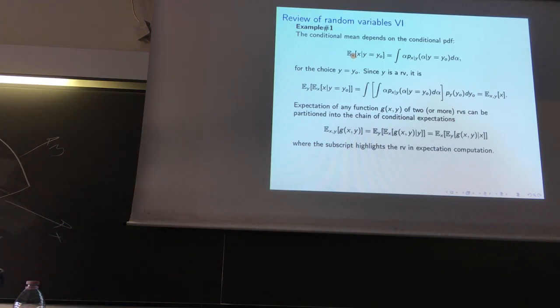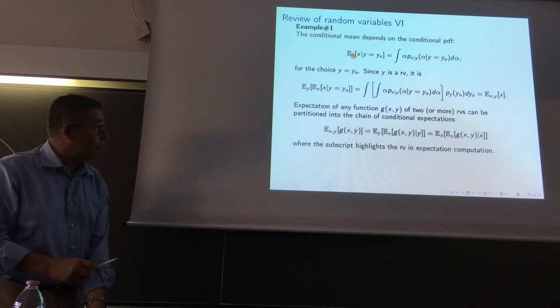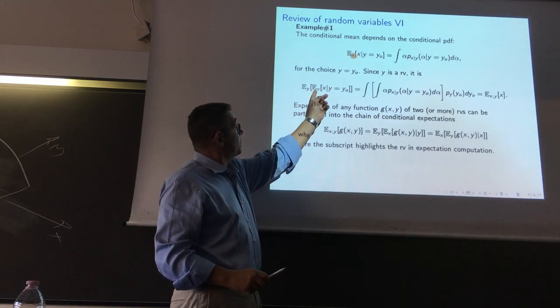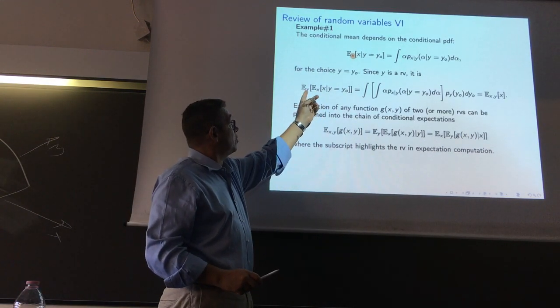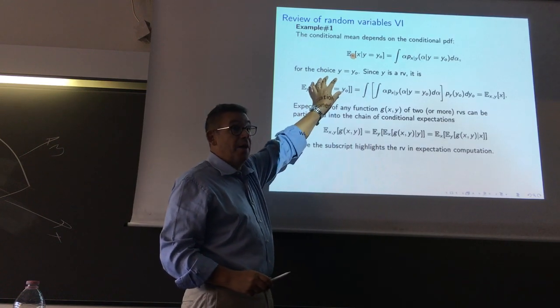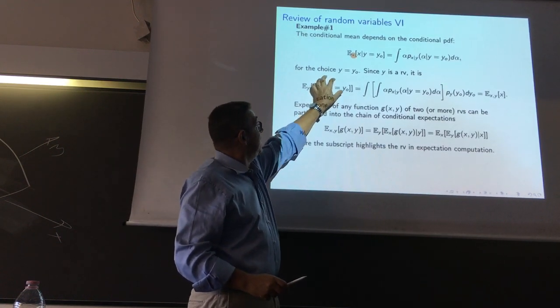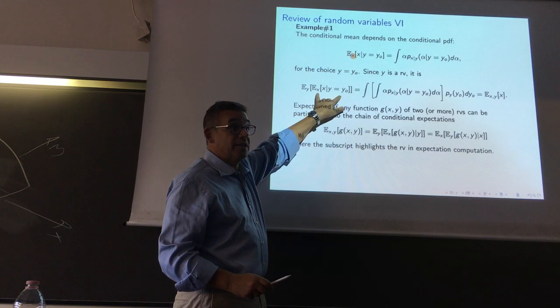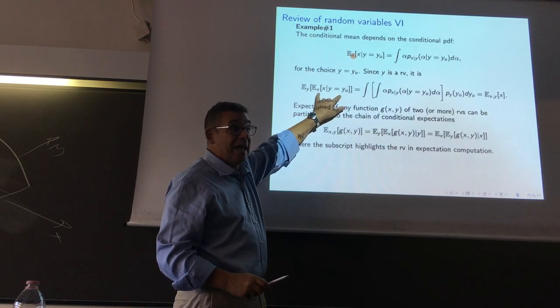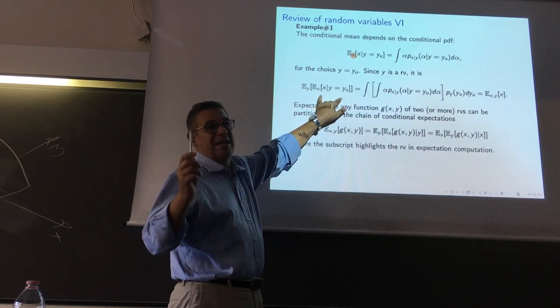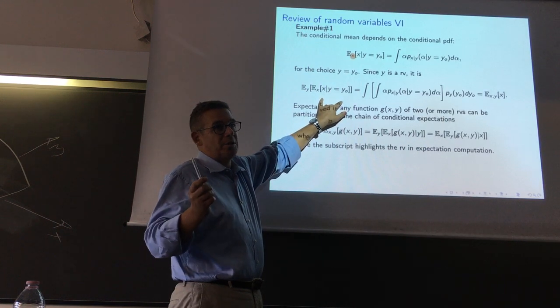So if I needed to compute now the expectation with respect to y of the argument, inside the argument y is deterministic. But then I say, okay, I made a mistake. y is not deterministic, it's random.